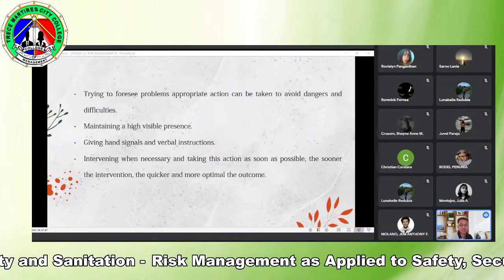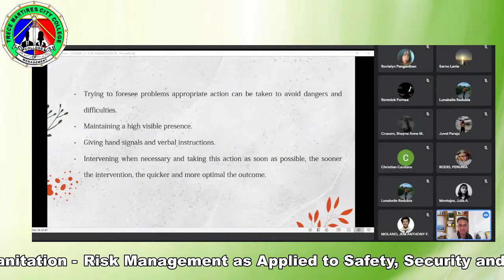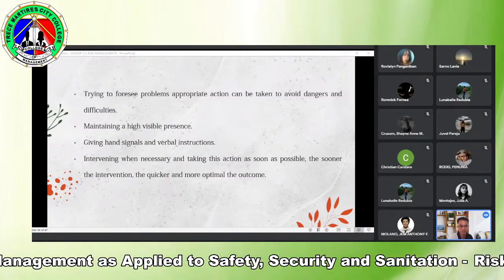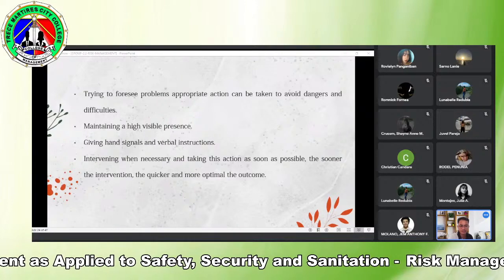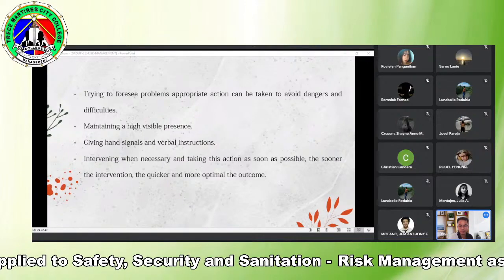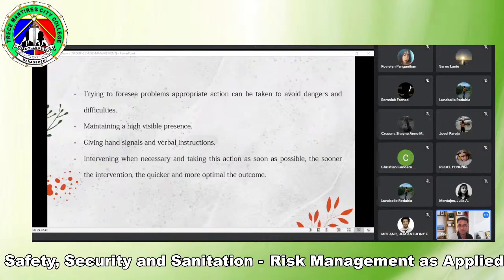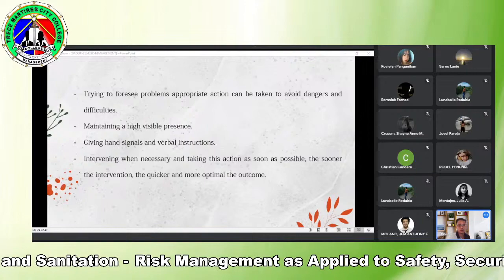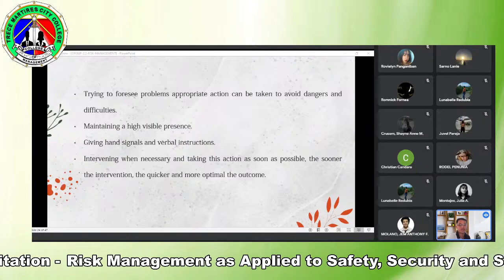Ayun, so sa example na hand signal na binanggit ko kanina, well, I'm very sorry, nakamute pala yung mic ko sa live. So, sinabi na intervening, okay, when necessary and taking this action as soon as possible.